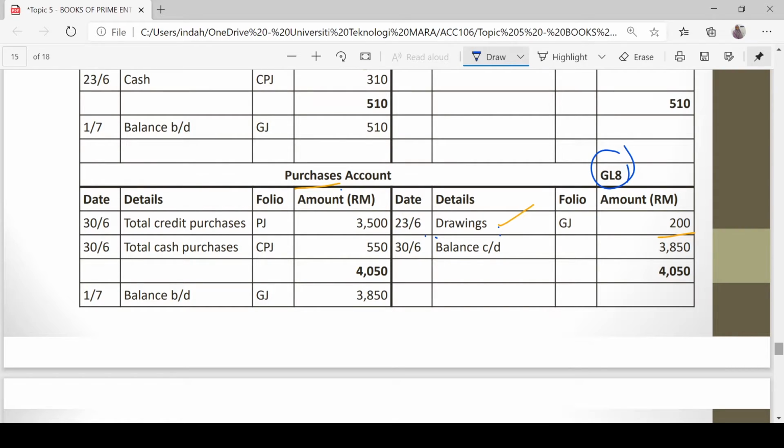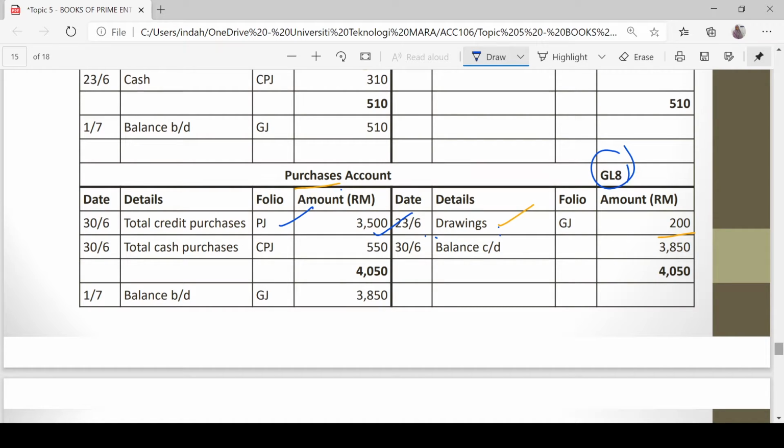So how to transfer from purchase journal to purchase account? We transfer only the total, which is 3,500, from purchase journal. But we did not record here each supplier. No, because if we have more than one account, do we have to show every one of the accounts payable, every one of our suppliers?